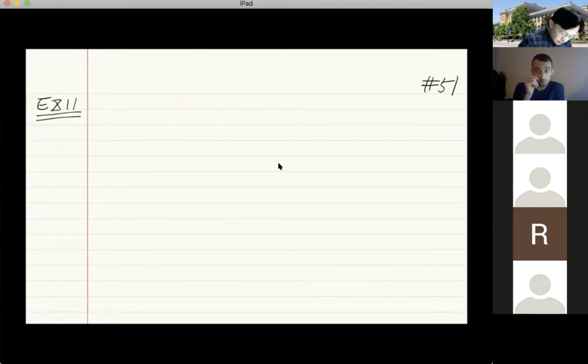What is this problem? This problem is about an end moment.